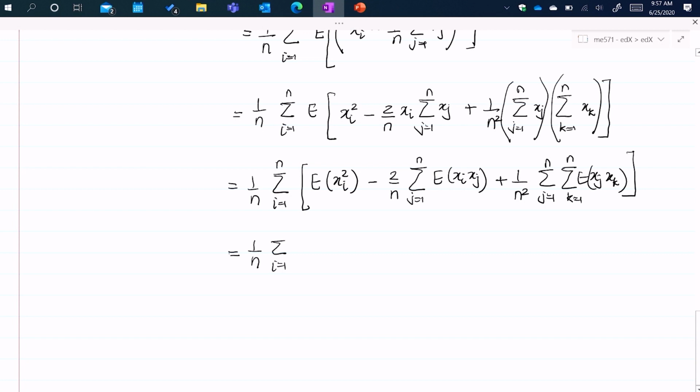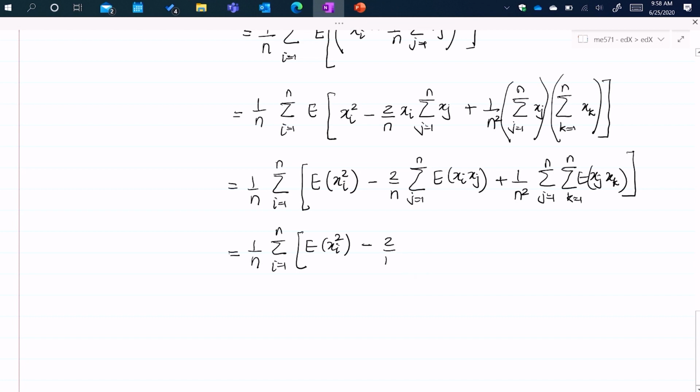So I'm going to go i equal to 1 to n expected value of xi squared minus 2 over n summation j not equal to i. So I'm going to take out the i term. Maybe I should take that out and write that first.